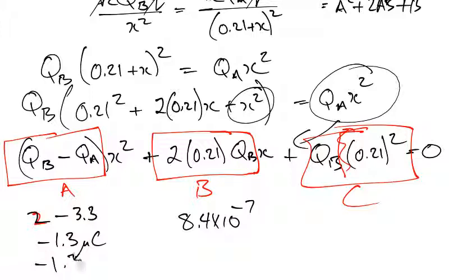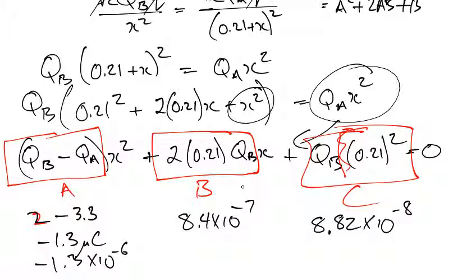And by the way, this is negative 1.3 times 10 to the negative 6. And C is 2EE6 negative, enter, 0.21 squared, times, and I'm going to get a value of 8.82 times 10 to the power of negative 8.